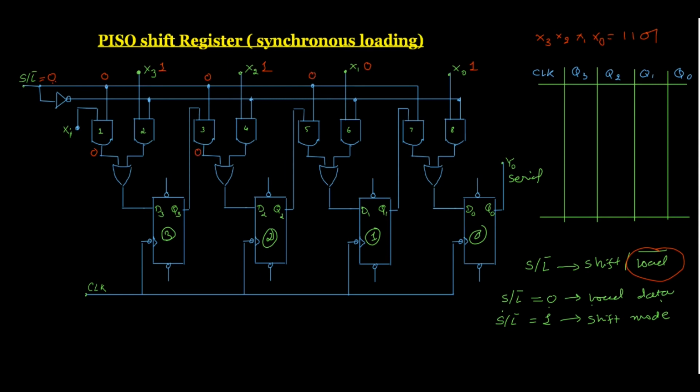This is connected to 0, so the output of gate number 5 will be 0. In the same way the output of gate number 7 will also be 0. So remember, when S/L bar is equal to 0, the outputs of gates 1, 3, 5 and 7 will be 0, or you can say the gates are not active.